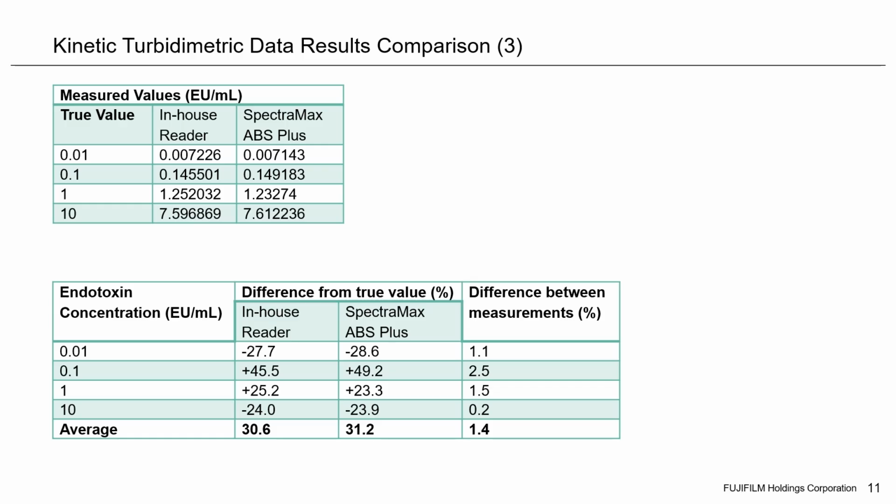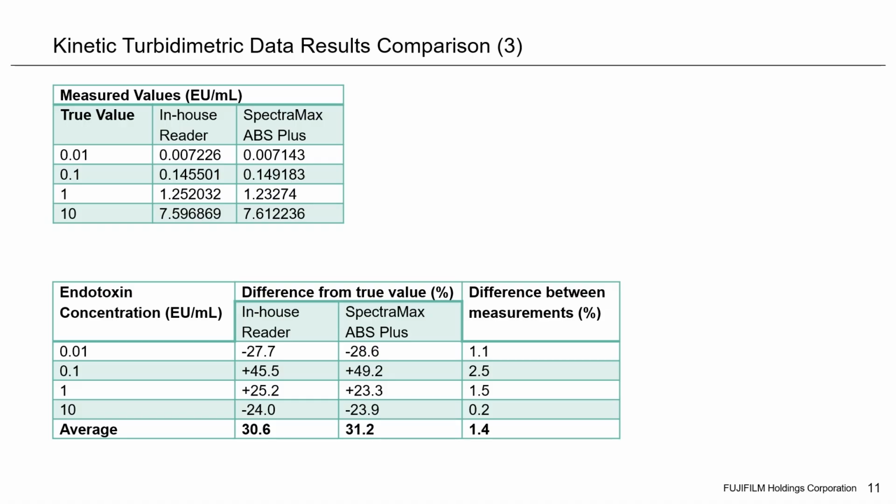But what I want to focus on is what we're seeing here is difference from true value for these two different readers, but then a comparison of the difference between measurements. And in a sense, we take the values from the SpectraMax ABS Plus reader and make a direct comparison to those endotoxin values from that in-house reader that we would use.